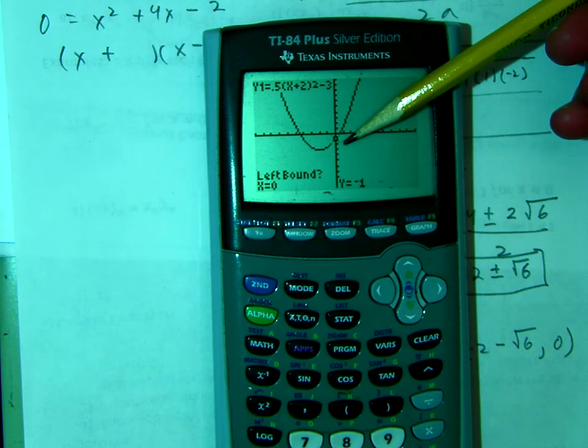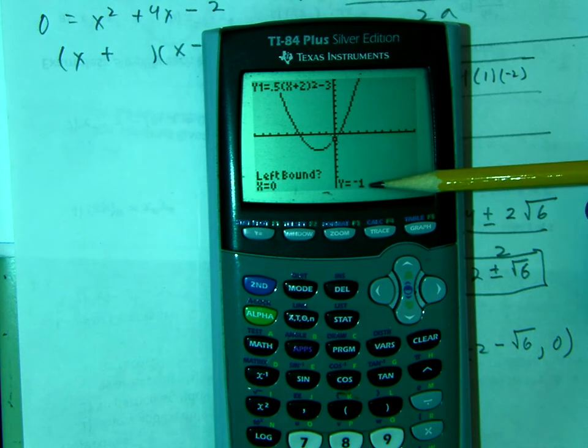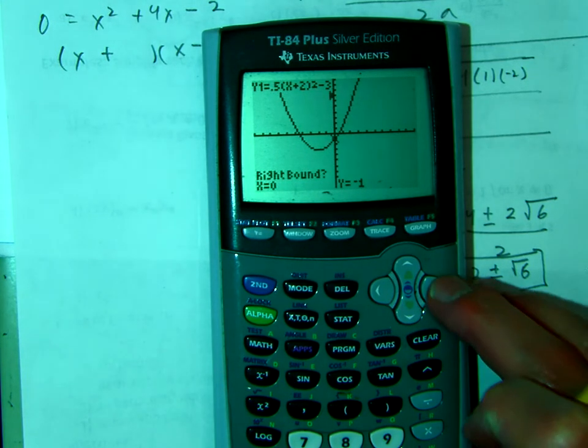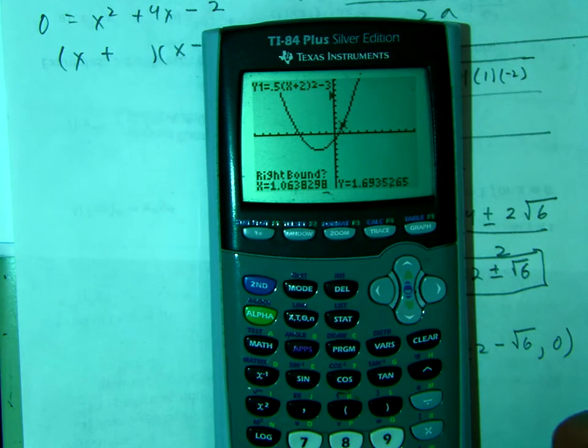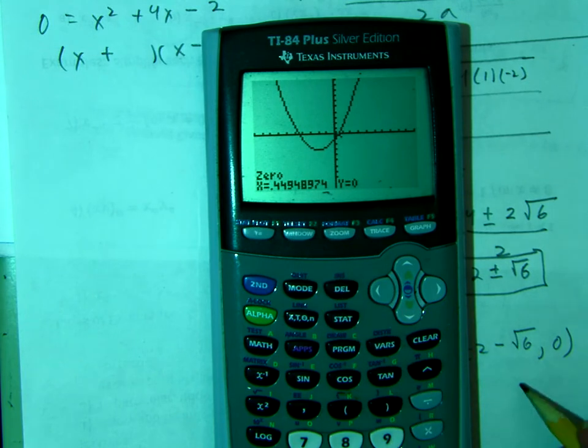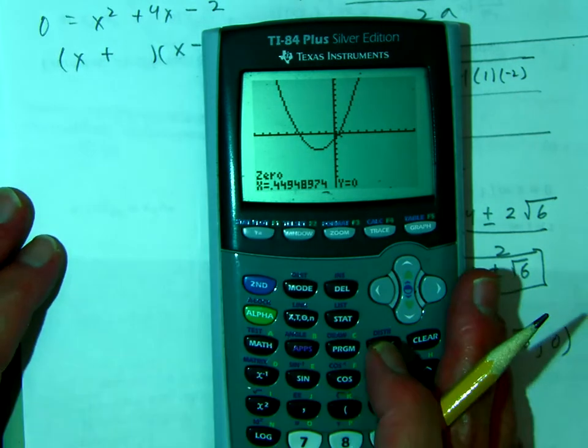So right now I can see that y is negative 1, so I'm going to say this is the left boundary, and I'm going to go till I'm past and I get a positive y. That's the right bound guess, and it tells me this is the point x equals 0.4495. We're approximating a little bit.